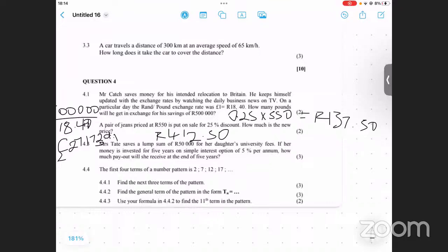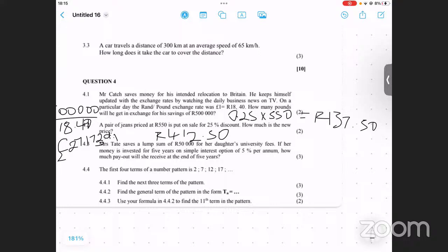Cool. And then we have Mrs. Tate, who saves a lump sum of 50,000 for her daughter's university fees.